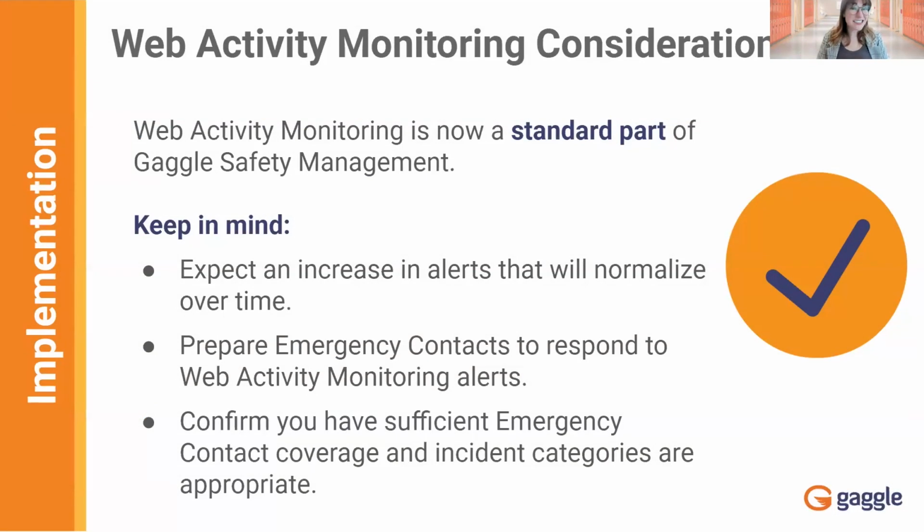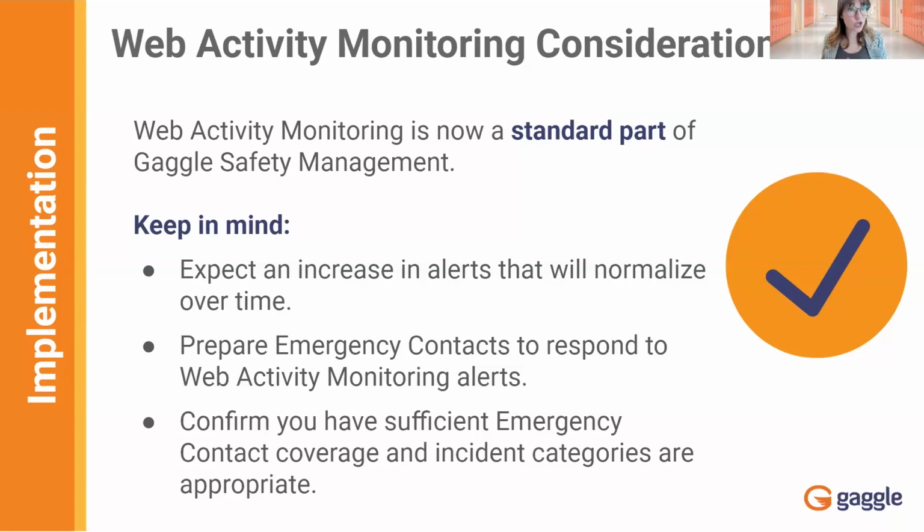As we already discussed, web activity monitoring is now a standard part of your Gaggle safety management. And so as you are getting ready to enable, just a couple things we want to make sure that you have at the top of your radar, which is you're probably going to expect an increase in alerts, but this is going to normalize over time.